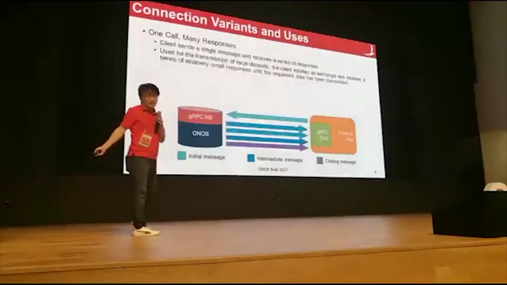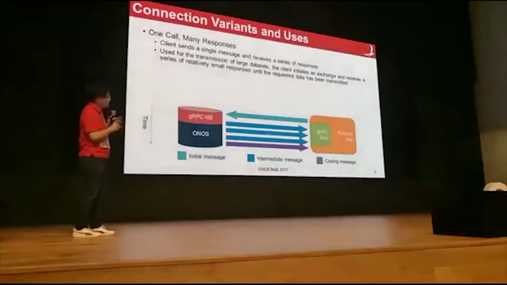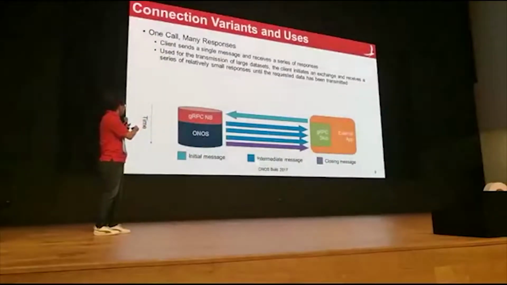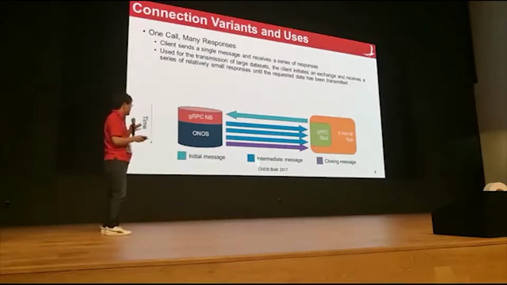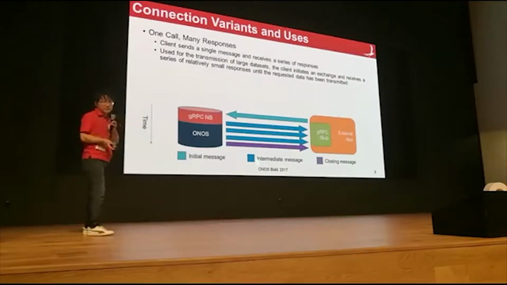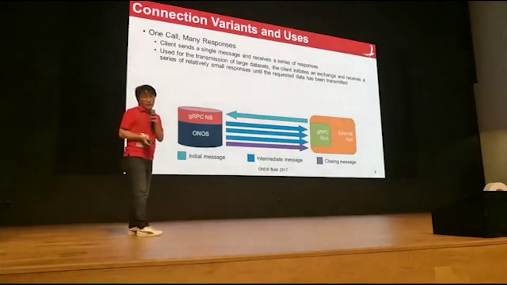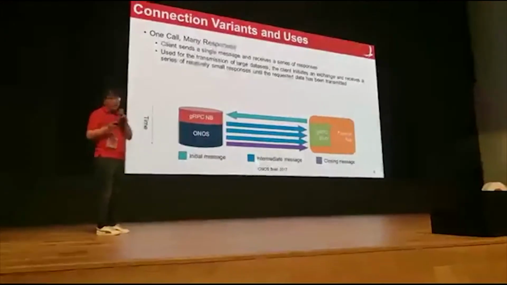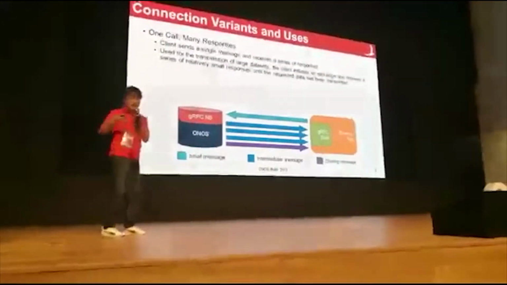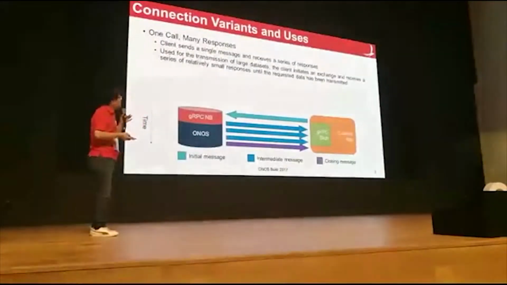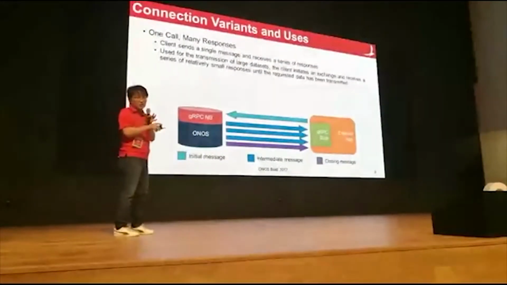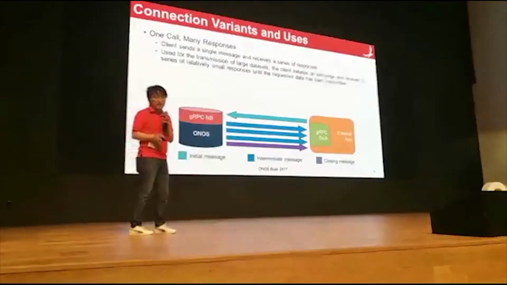The second type of communication is one call, many responses. For example, the external application gives one request to ONOS, and ONOS sends several responses back. It is used for transmission of a large data set. The client initiates an exchange and receives a series of relatively small chunk responses until the requested data has been transmitted.